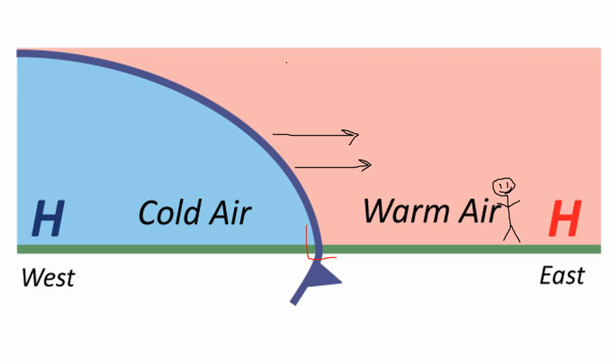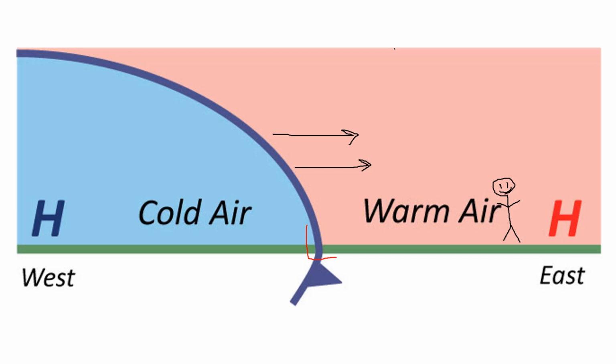As this cold front approaches, it pushes the warm air out of the way and moves cold air in. So once this cold front passes me, the warm air will have been pushed away, and now I will be in an area of cold air.